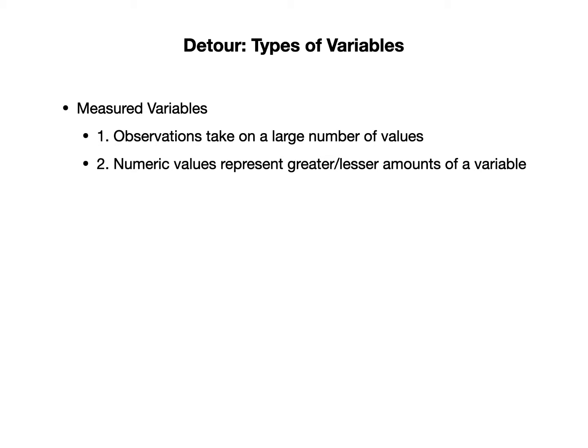The idea here is that observations typically can or do take on a large number of values. Even if your data set doesn't have a large number of values, if you can imagine pretty easily a large number of values, that's usually a good indication that we're talking about a measured variable. The second thing is that the numeric values represent either greater or lesser amounts of a variable.